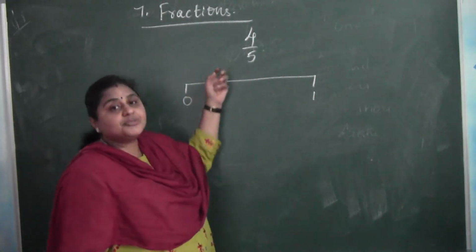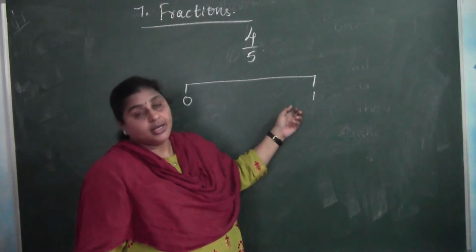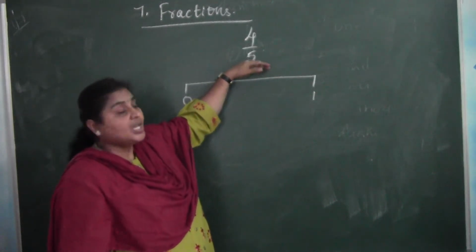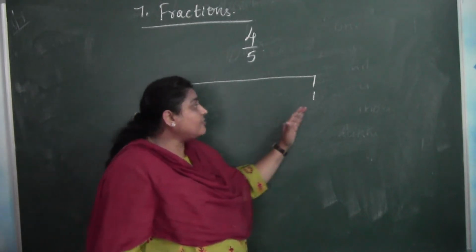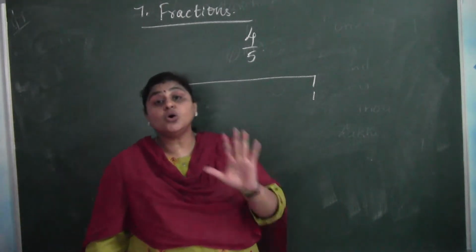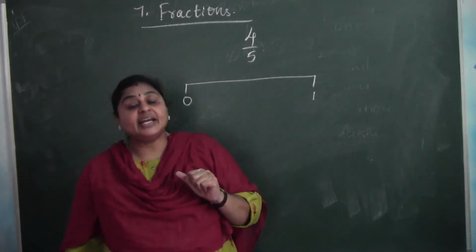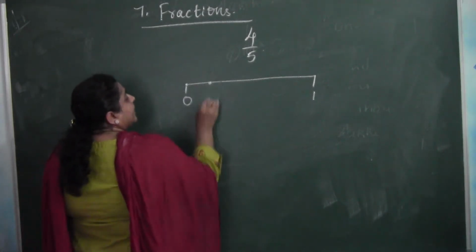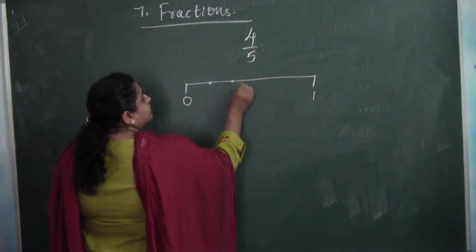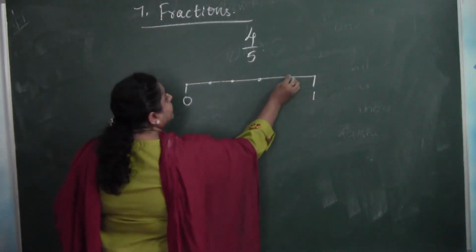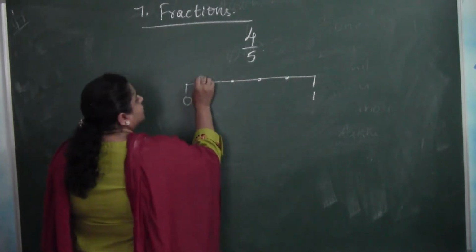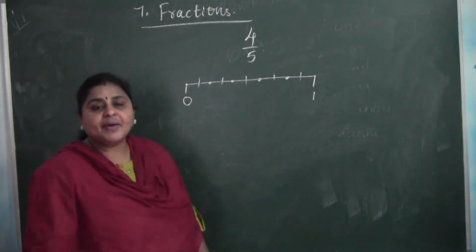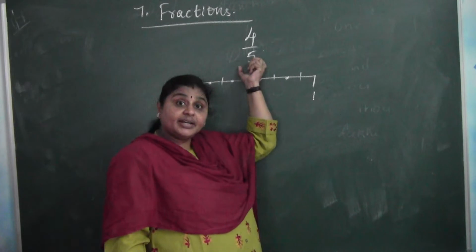Now, what is my denominator? 5. It means from 0 till 1, I am dividing it into 5 parts. 1, 2, 3, 4, 5. I have divided it into 5 parts because my denominator is 5.